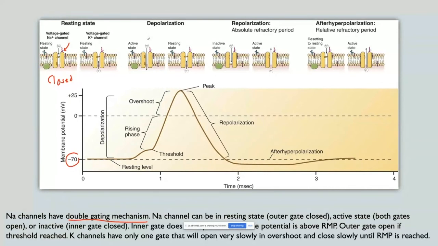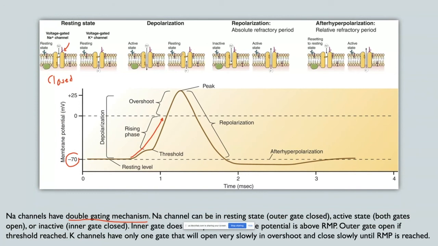What happens when we open the sodium channels? Notice that sodium will move in, increasing the value of this membrane potential from the negative towards the positive. There is a depolarization. Notice that the two gates are open here, so sodium enters.